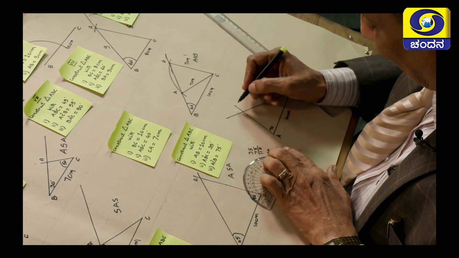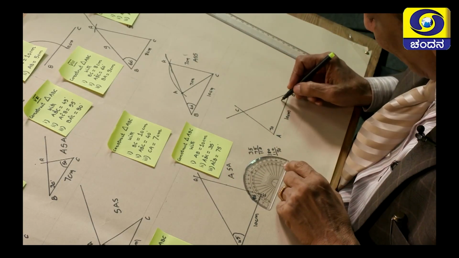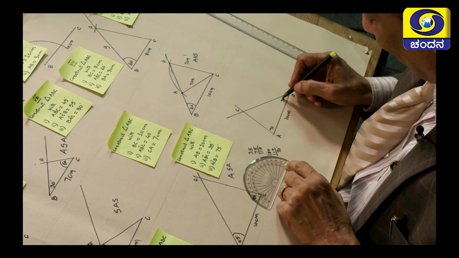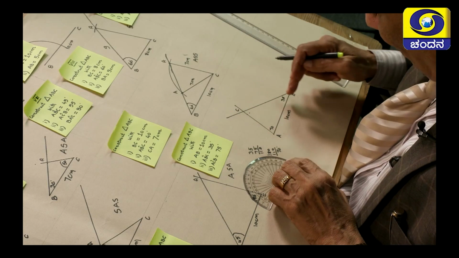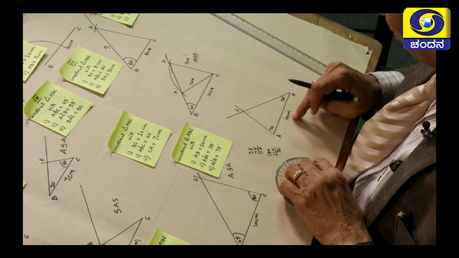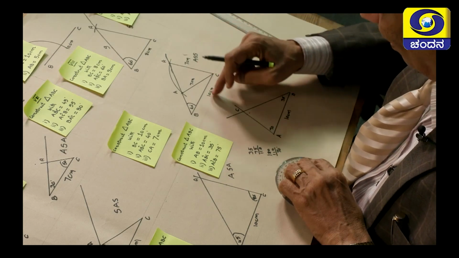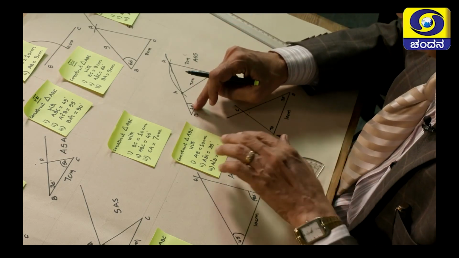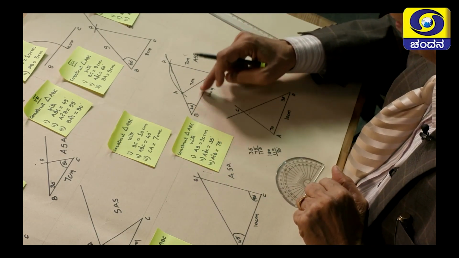So this is the point C. If this angle is 35 degrees, they have given us this angle and not this. So if two angles and not an included side is given, then also we can construct one and only one triangle.